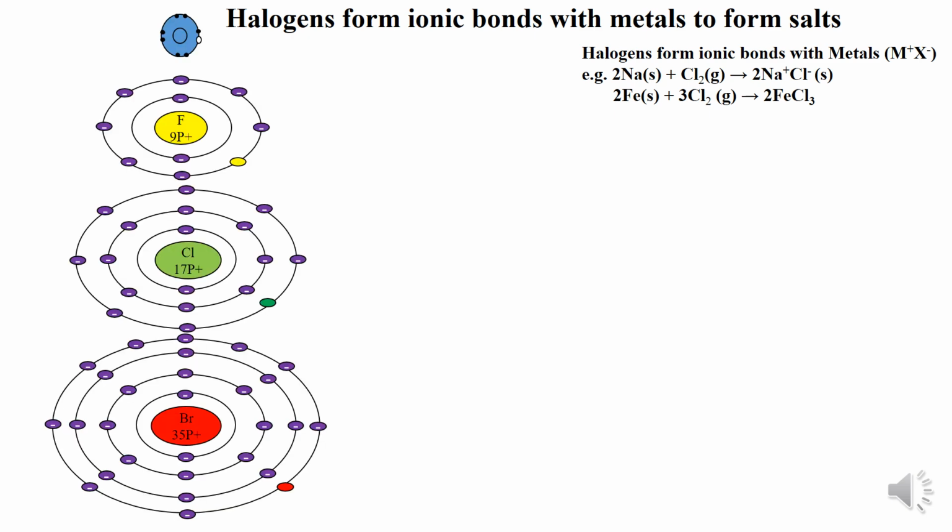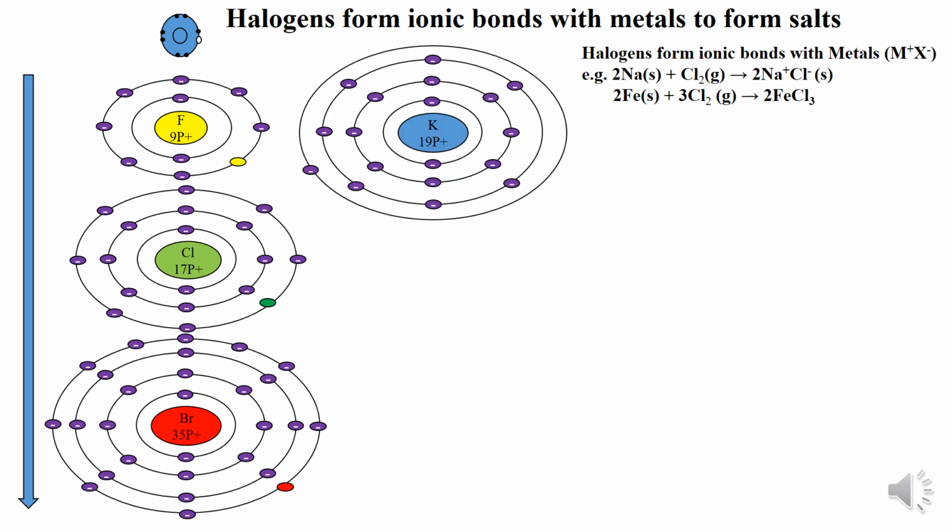Here is the electronic structure of the halogens, the elemental form. So fluorine reacts with the metallic potassium. When you observe the outermost valence shell of fluorine and potassium, you find that fluorine needs one more electron to complete its octet, while potassium has only one electron in its outermost shell.